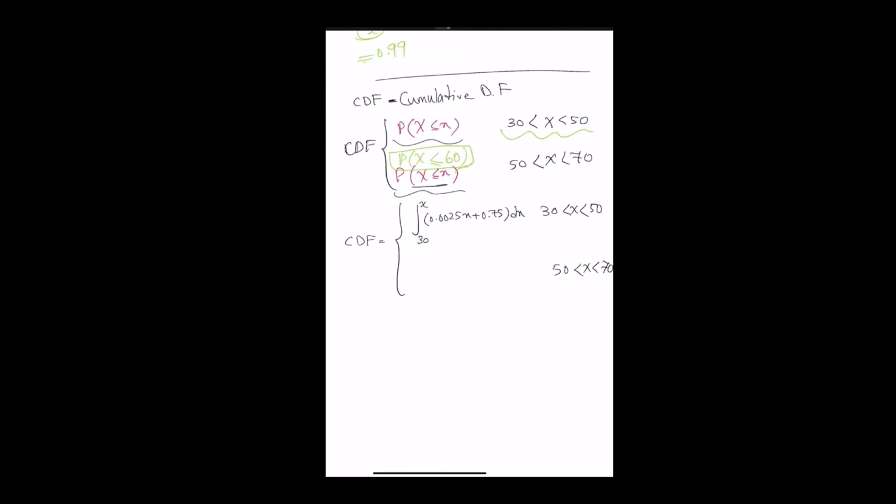X less than or equal to 60 is not just between 50 to 60, it is from 30 to 60. So for the second one, I have to say it's the integral, first part, 30 to 50, because it's continuous.